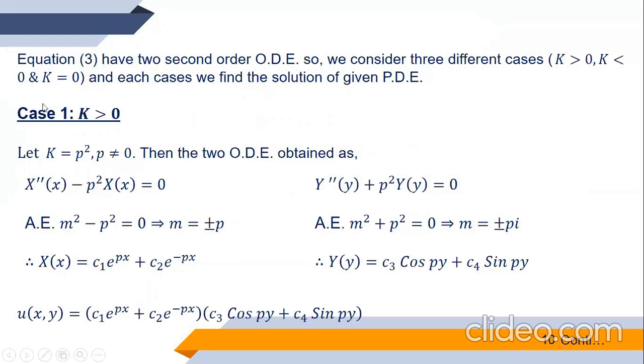So first we consider k greater than 0. Let us take a value which is always greater than 0, so we can take a square. Here we consider p squared, so k = p² is always greater than 0, where p is not equal to 0.